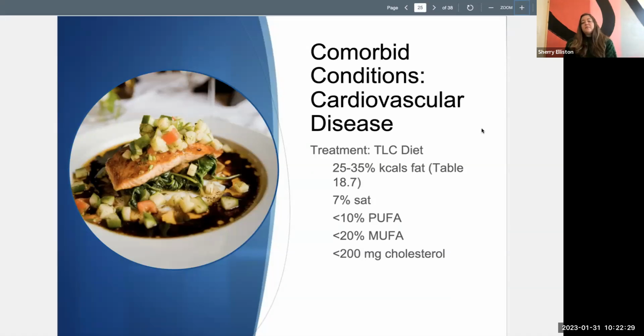And saturated fat is really encouraged to be decreased to about 7%. The other thing with the therapeutic lifestyle changes diet, the TLC diet, is that it's very high in fruits and vegetables. So it's also very high in fiber and micronutrients.